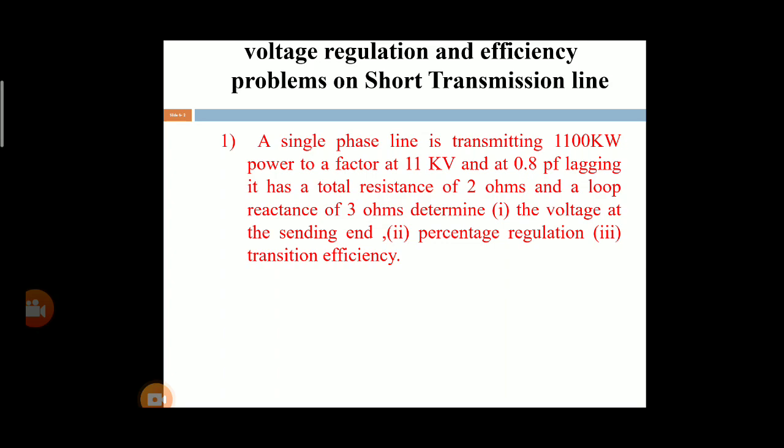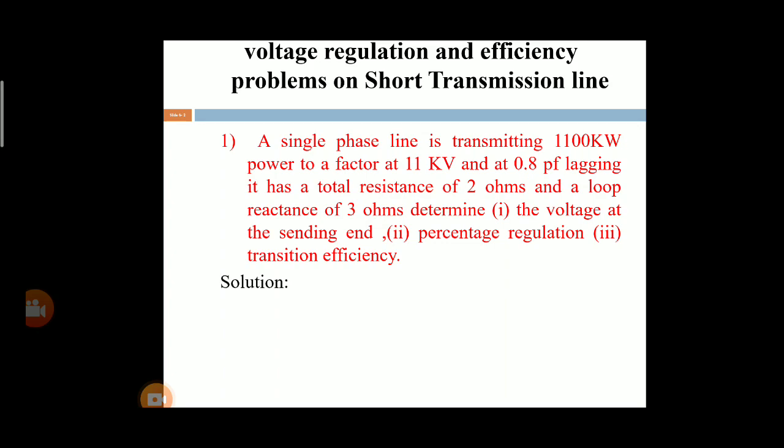The formula for percentage voltage regulation is Vs minus VR by VR into 100. Next we calculate the transmission efficiency. Transmission efficiency is equal to the power delivered to the load divided by the power delivered plus line losses.